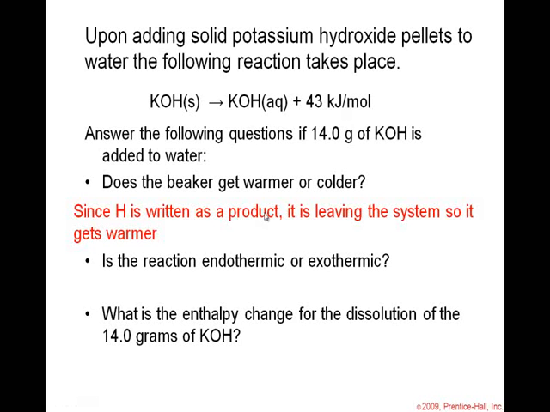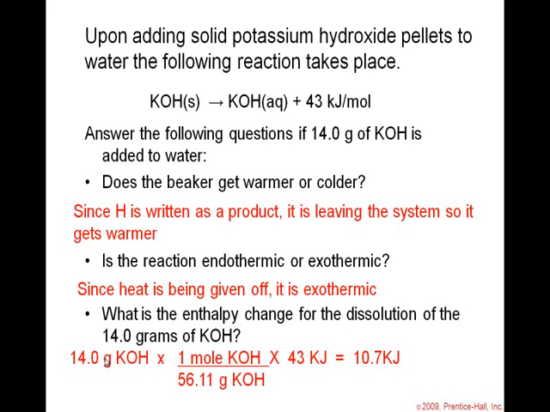H is written as a product. It's leaving the system. So is it endothermic or exothermic? If it's leaving, it's going to be exothermic. And what is the change for 14 grams of KOH? Now, almost always when an enthalpy is provided to you, it's going to be in either kilojoules or joules per mole. So if I know how much energy I get for a mole of potassium hydroxide, I can adjust that for something less than a mole.